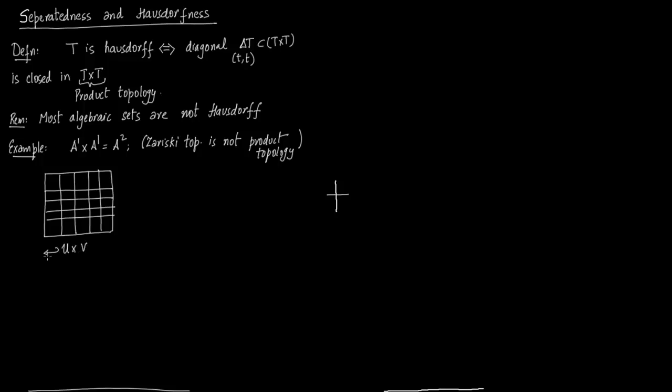If you take this small set U times V, it will be made up of horizontal and vertical lines. So if you draw a diagonal, then the diagonal will not be closed because it is not made up of horizontal and vertical lines. So we immediately have a failure.